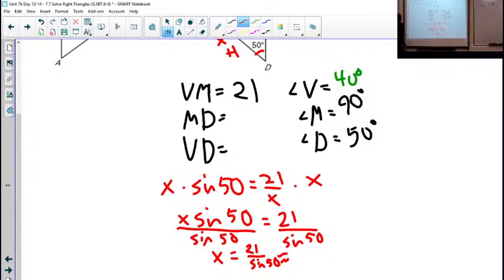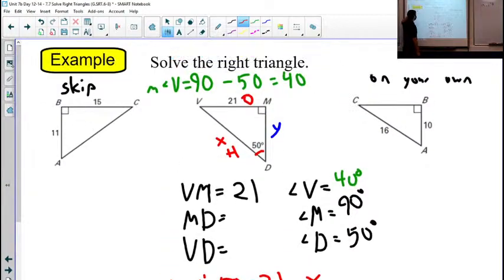That in the calculator should be 27.4. I spent the whole last week giving calculator help, so I'm not going to display the calculator on the board and type it all out every time. If you need help with the calculator, let me know. 27.4. Remember, side lengths, we went to the nearest tenth. That was our hypotenuse. So that was V to D, what we just found, was 27.4.